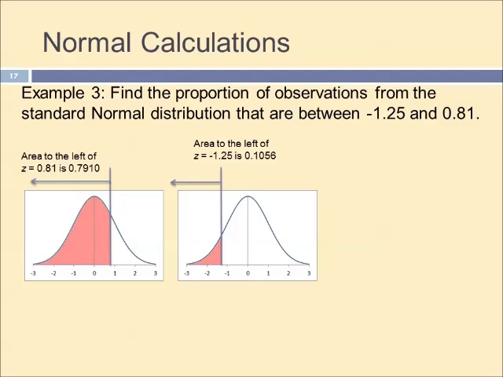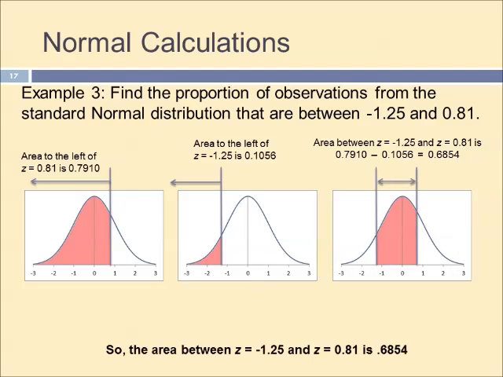The area to the left of z equals minus 1.25 is 0.1056. We want the area between those two values. So up to 0.81 is 0.79, up to minus 1.25 is 0.10, etc. So we just subtract the two. So 0.7910 minus 0.1056. So the area between those two values is 0.6854.